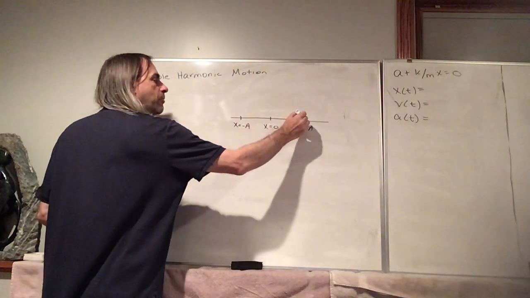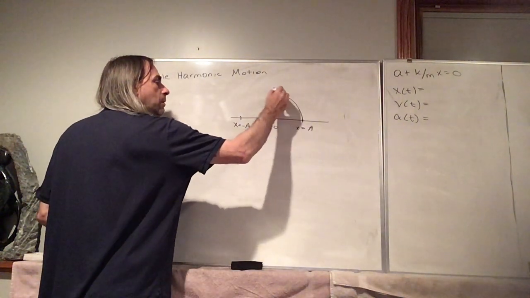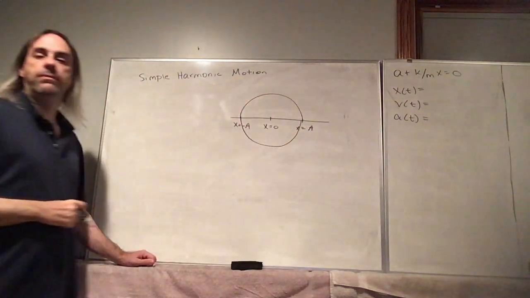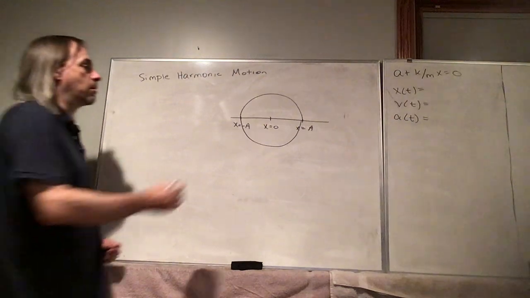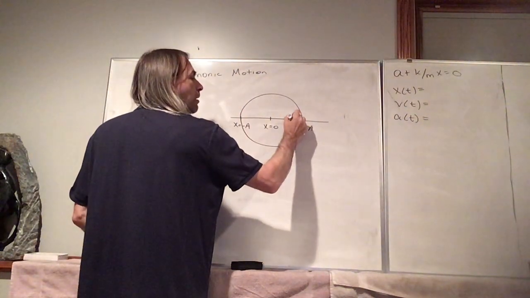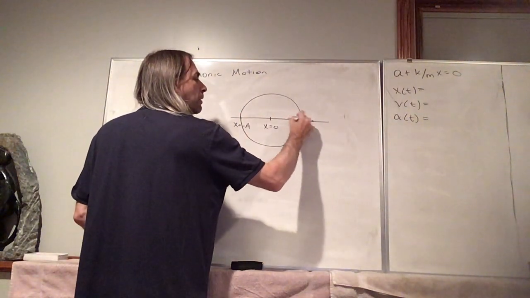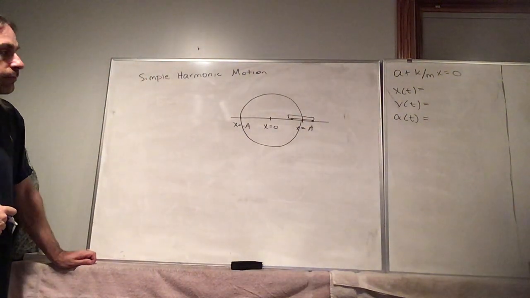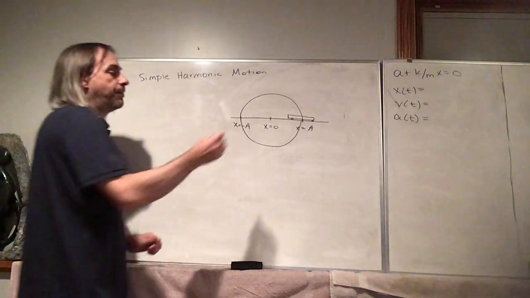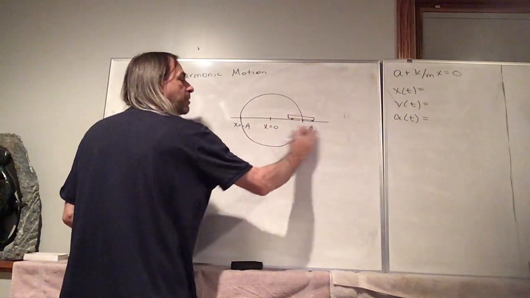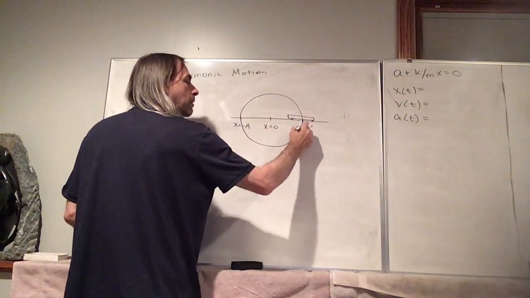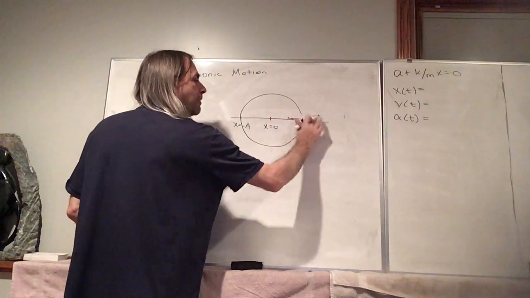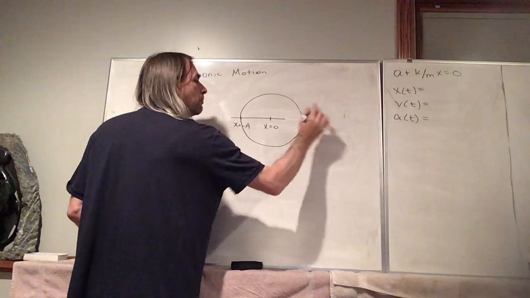And what I'm going to do is I'm going to draw a circle like this. This is called the auxiliary circle. And let's say that our cart starts out here at x equals a. And we can represent that with just a point. Yeah, we just erase the cart as well.